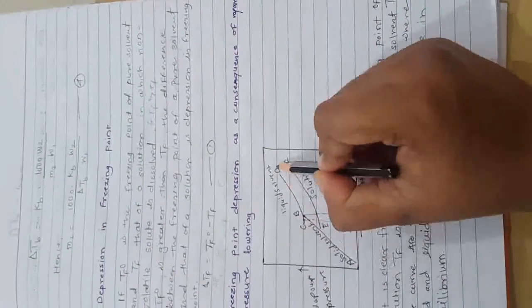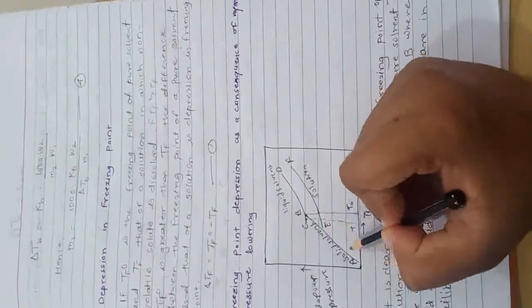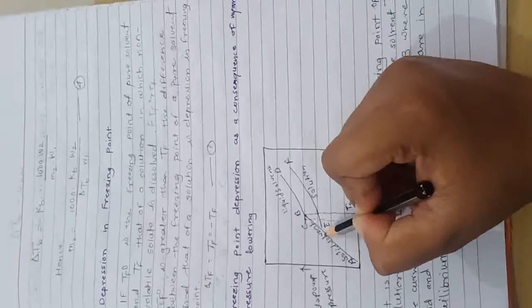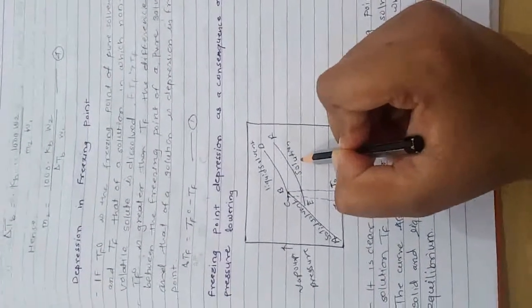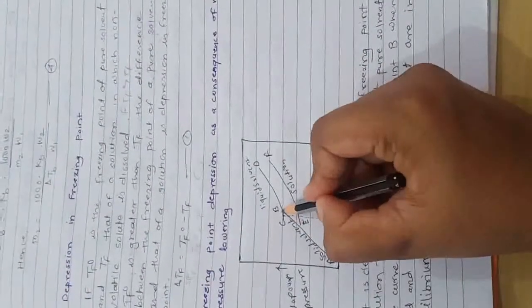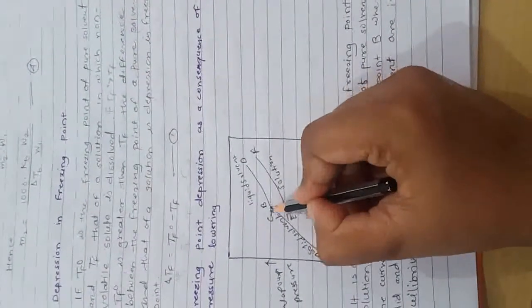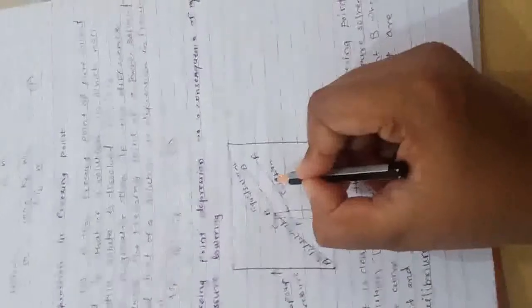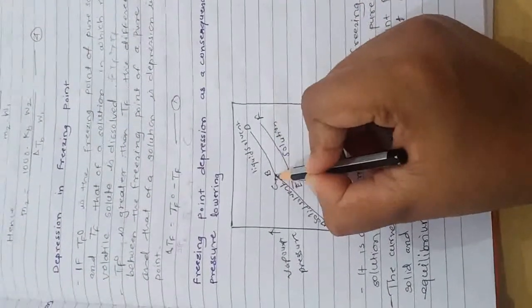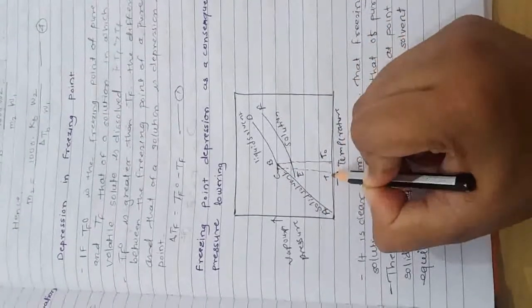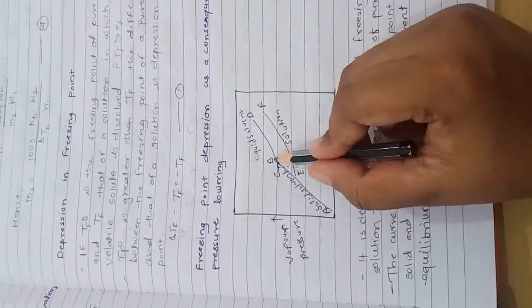CD is the liquid solvent, AB is the solid solvent, and EF is the solution. Here we have T and here T0.